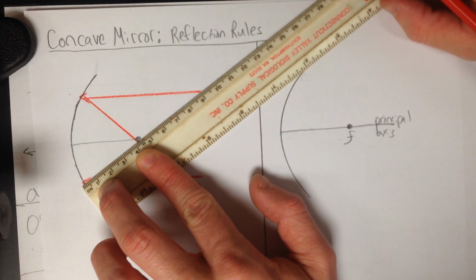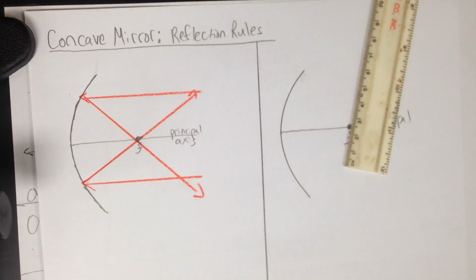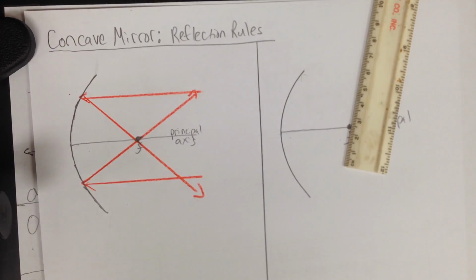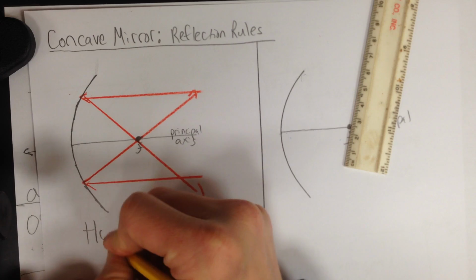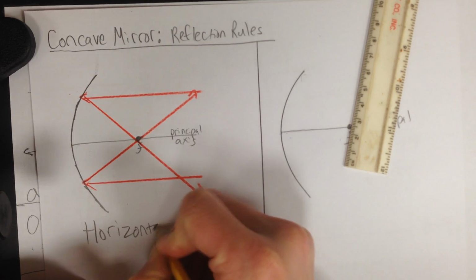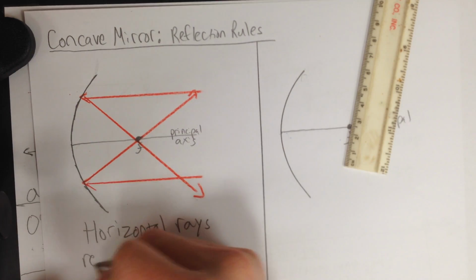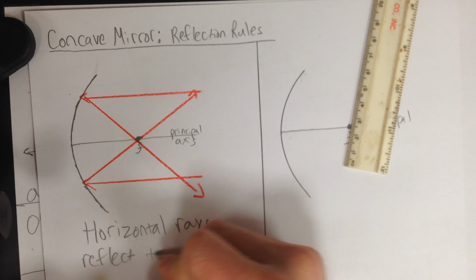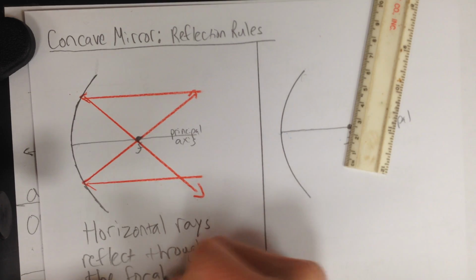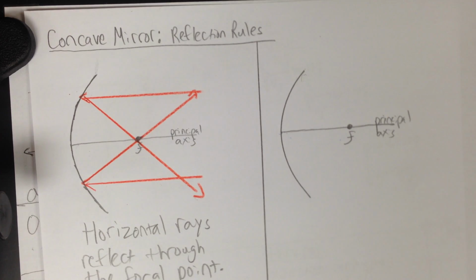Horizontal rays reflect through the focal point. So write that down as your first rule of reflection for concave mirrors: horizontal rays reflect through the focal point.